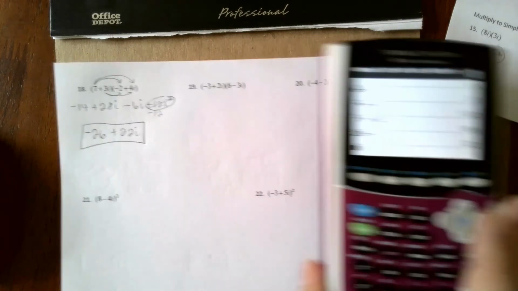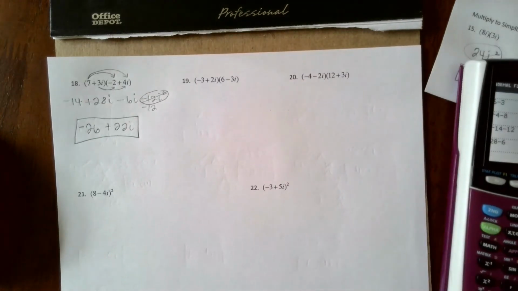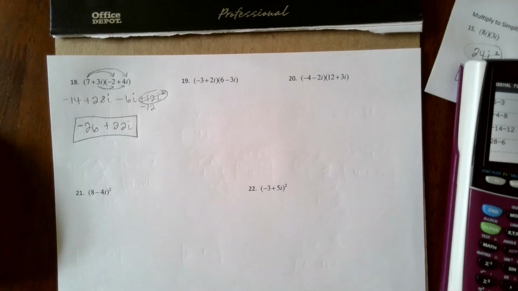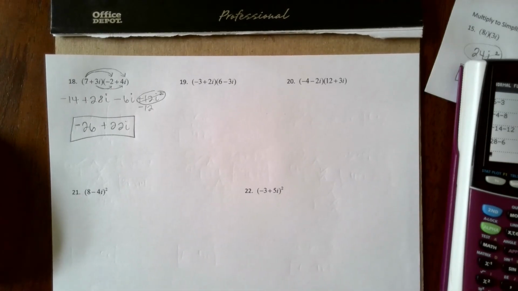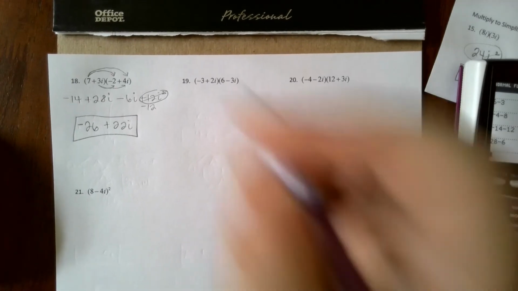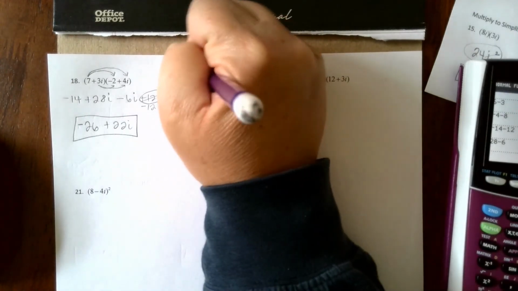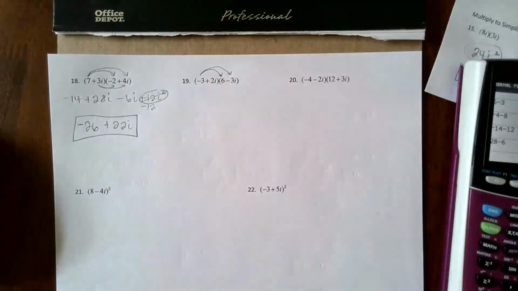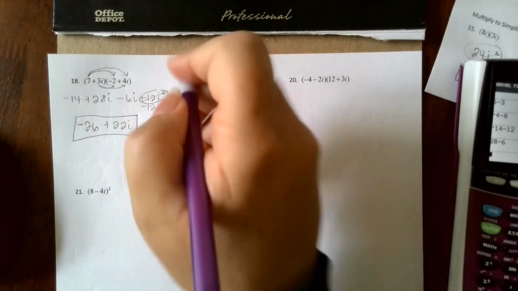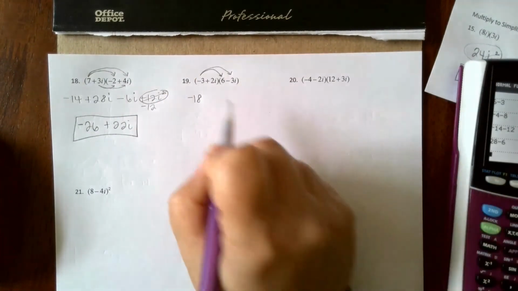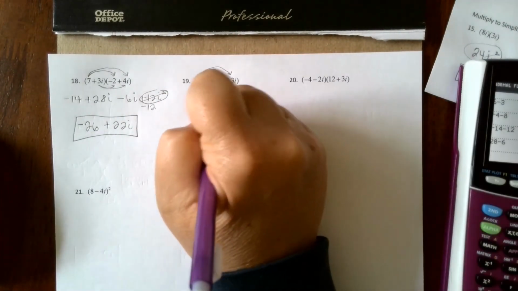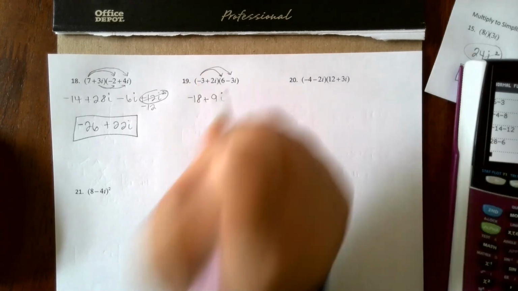All right, moving on to number 19. Now 19 and 20 are the exact same thing, so if you want to hit pause and give them both a try, you can. We'll go through them. All right, so negative 3 has to distribute to both of these. Negative 3 times 6 is negative 18. Negative 3 times negative 3i is a positive 9i squared.